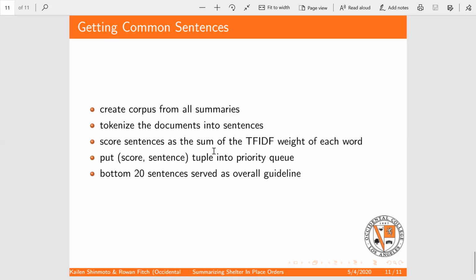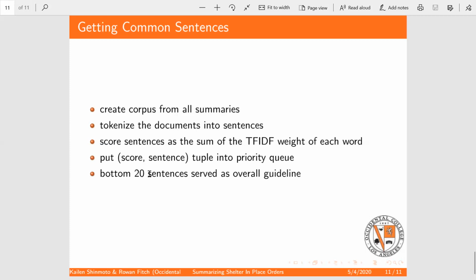Then we put a tuple with the score and the sentence into a priority queue, just a regular one, so it has the tuples in ascending order. The first 20 sentences served as the overall guide. Actually, these 20 sentences with the lowest overall score served as the summary.